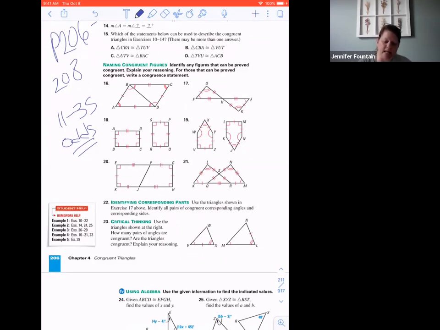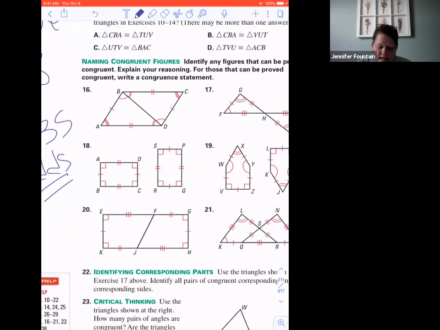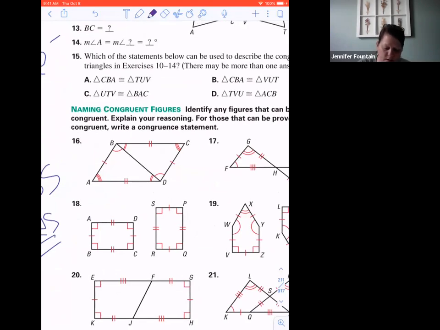So what it's saying is that when you're writing the congruent statement, you're basically saying that these angles are congruent because. Let's look at number 16 together for a minute. Notice that here I have this joining line BD.